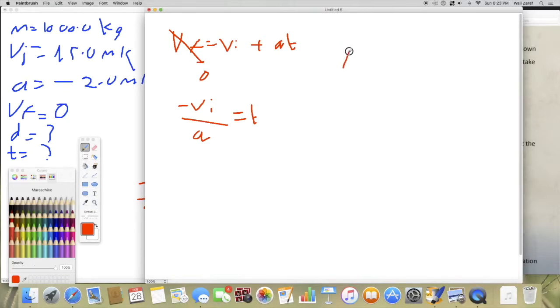Now, we had 15 as our initial velocity, with a negative sign there, over negative 2.0. This will give us our final time. So the time it took is 15 divided by 2. Wait, why did I do that? I didn't notice the 1. It is 7.5. And there you go.